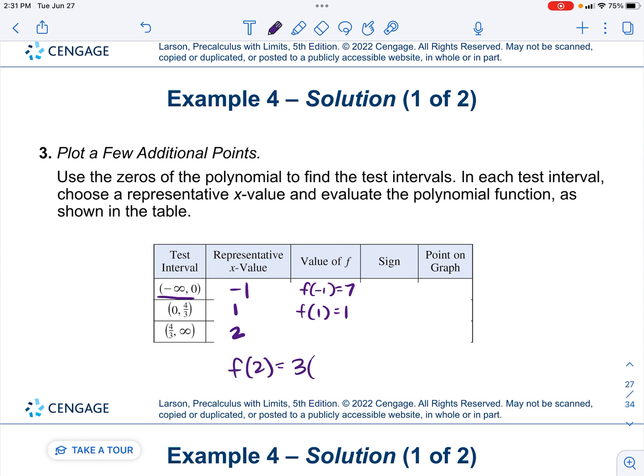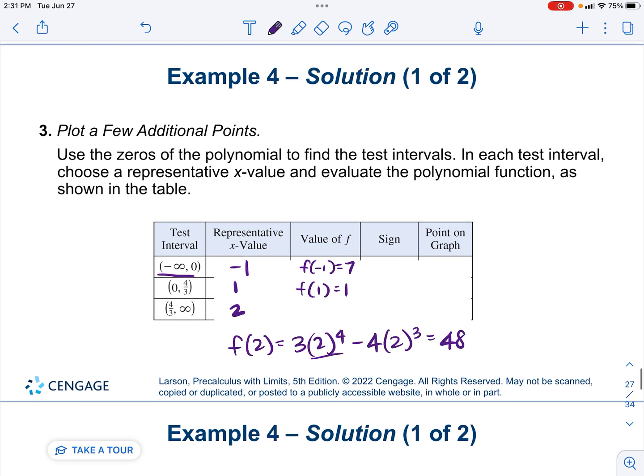So 3 times 2 to the fourth minus 4 times 2 cubed. 2 to the fourth is 16, so 3 times 16 is 48. 2 to the third is 8. 8 times 4 is 32, so that would be 16. I forgot a negative here. F of 1 is negative 1.